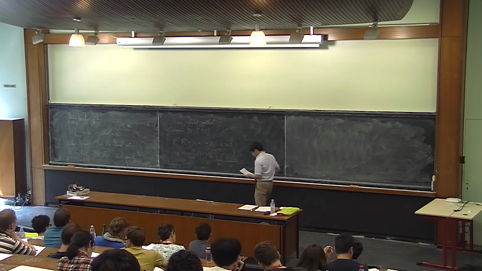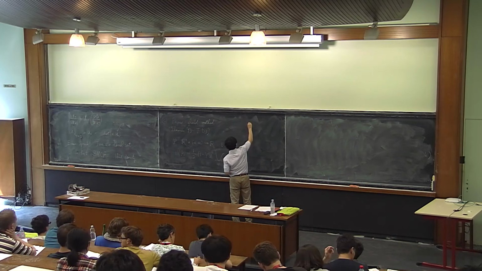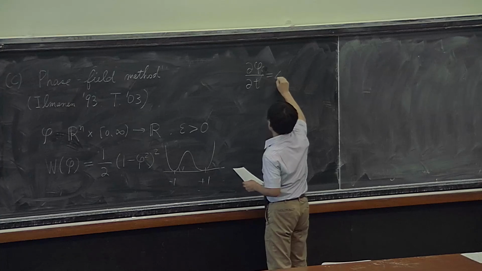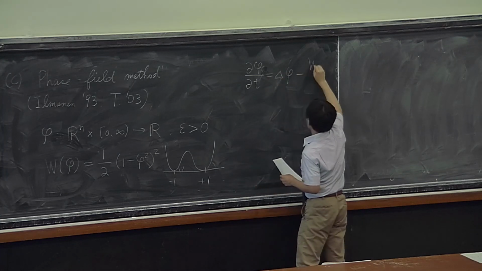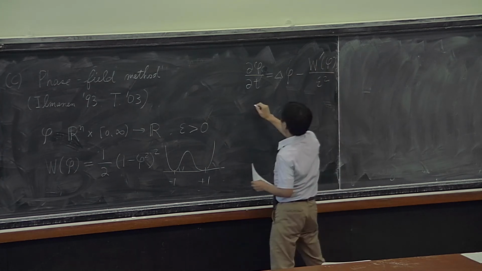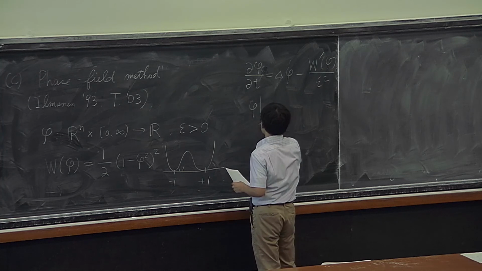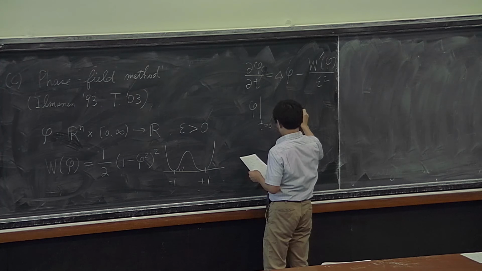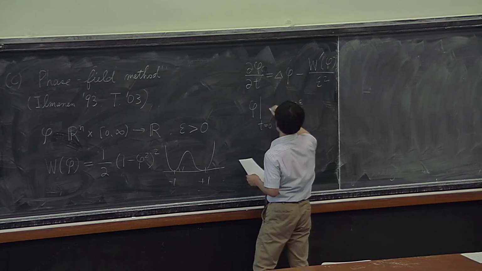So what you do is you solve the parabolic equation, Laplacian phi minus W prime of phi over epsilon squared, and also when t equals 0, some appropriately given initial data which also depends on epsilon.